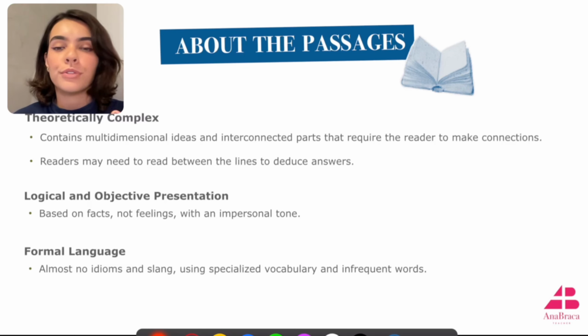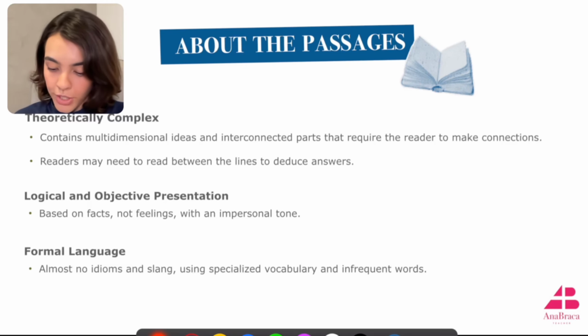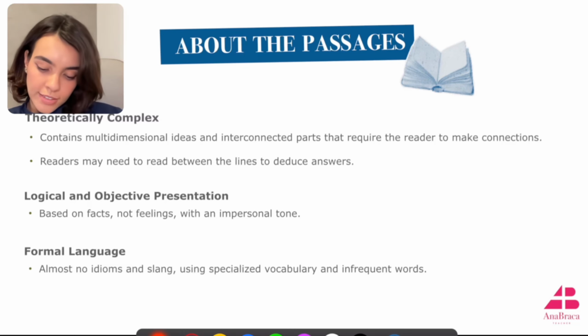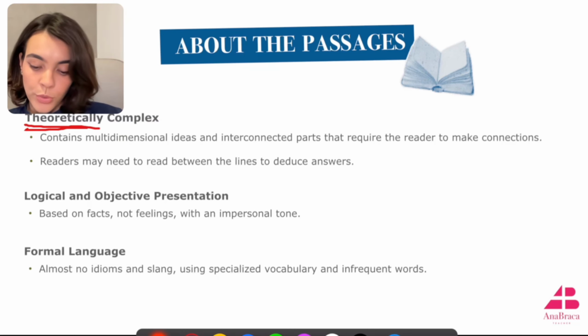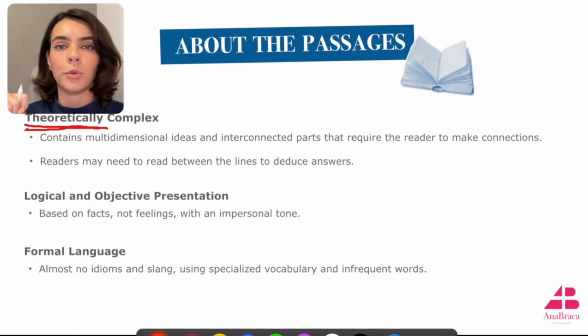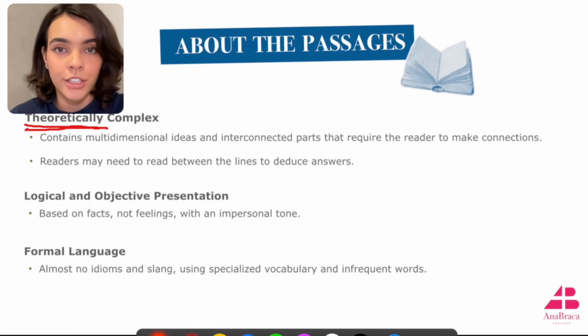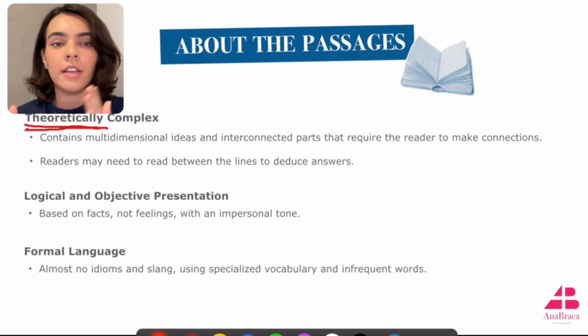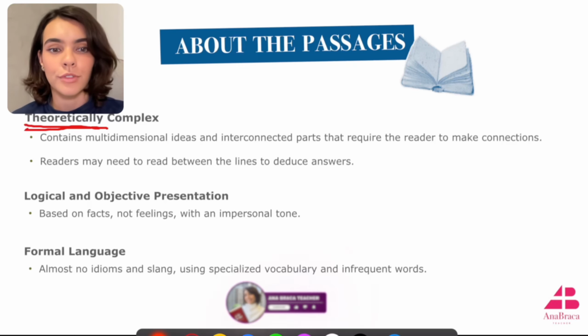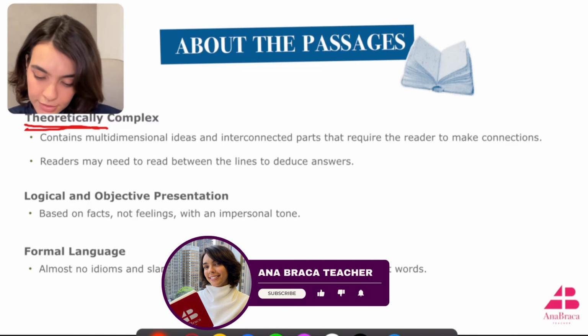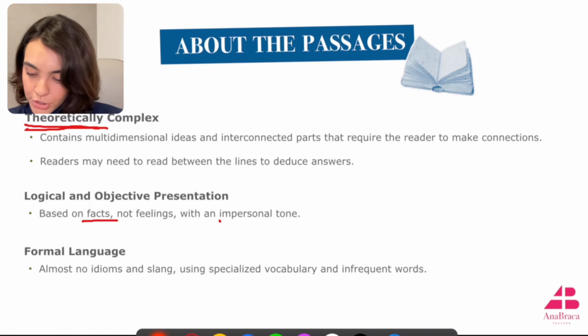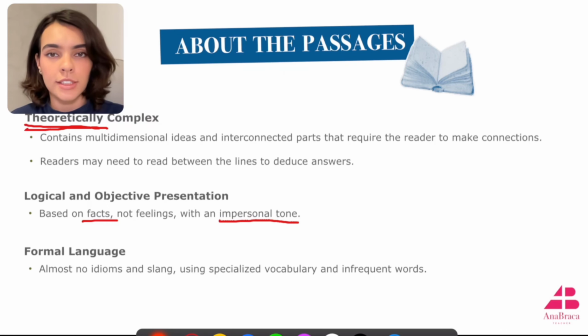Okay, you will have to deduce some answers, reading in between the lines, because of the complexity of the texts, okay? They are logical and objective. So first thing, they are about a theory. So you are not going to find a novel, for example. You're not going to find an article, for example. It's something theoretical. Second thing is something logical and objective, okay? So it's based on facts, in an impersonal tone. So there are no feelings here.